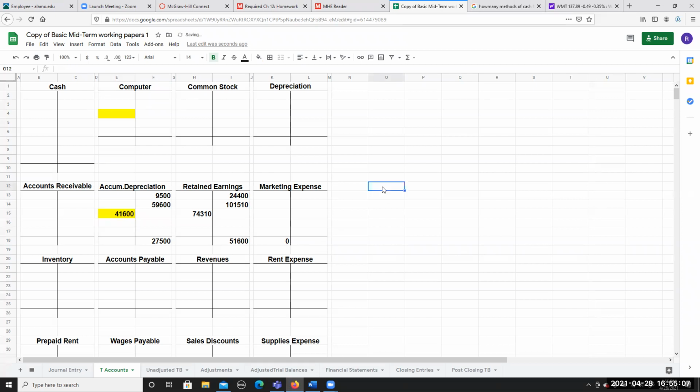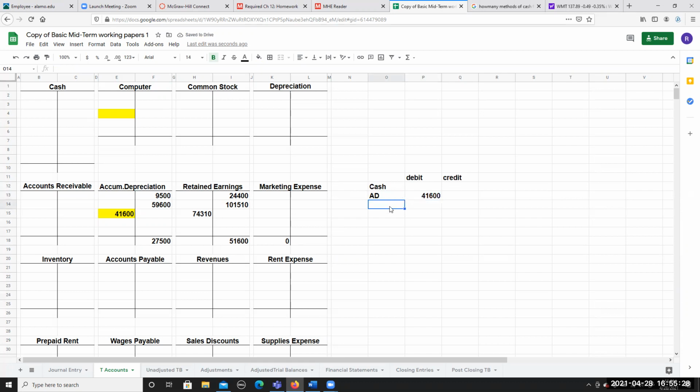So let's see, the cash, and then we had accumulated depreciation. So here's my debit. Here's my credit. Again, T accounts. So we don't know this. We know this is 41.6.